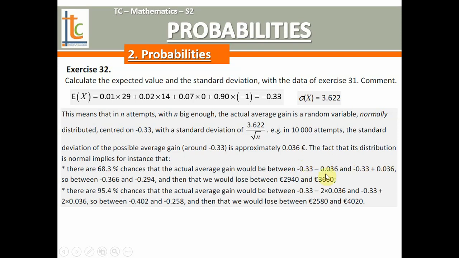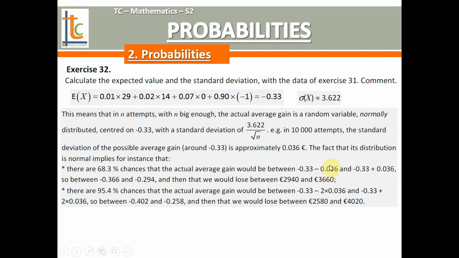So this is the standard and basic formula of a confidence interval that tells you that the reality has chances to be between this central expected value minus something depending on the standard deviation, and this central expected value plus the same standard deviation.